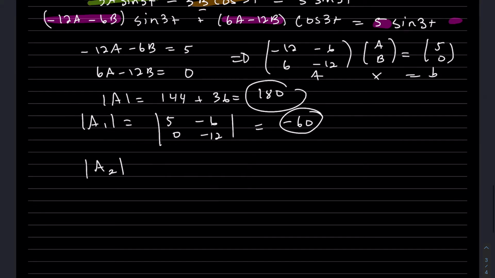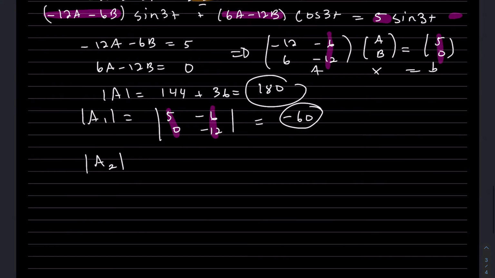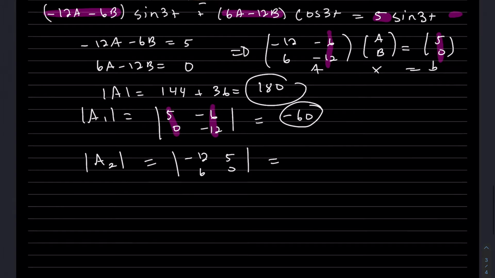So again, remember, we just replace the first row with b, and the second row stays the same and find the determinant. Now we replace the second row with b for a2, and the determinant. So that's 0.